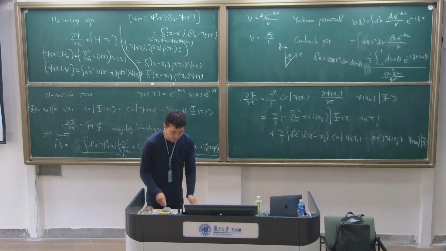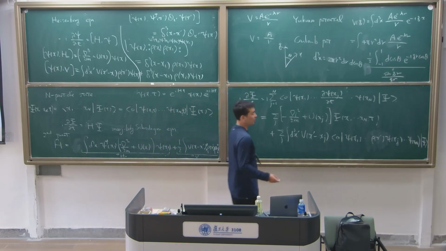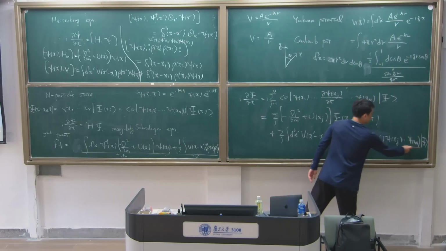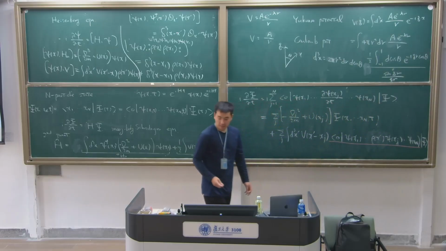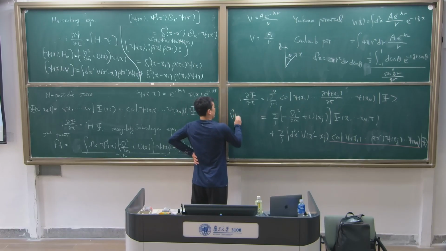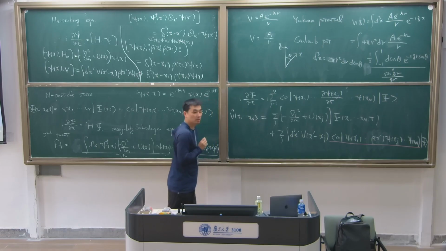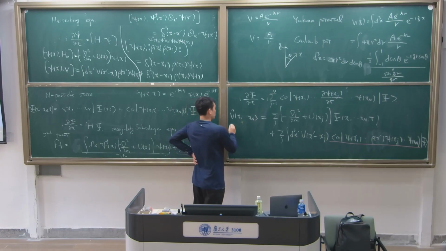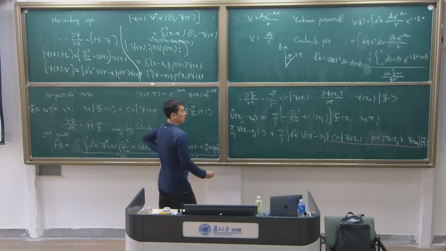But this one is exactly what we already saw before. Okay? This part is exactly how t acts on x1 over xn. And we already saw that this one is equal to the sum over i and j of d of xi minus xj with the corresponding state. Okay? So this is exactly what we have.